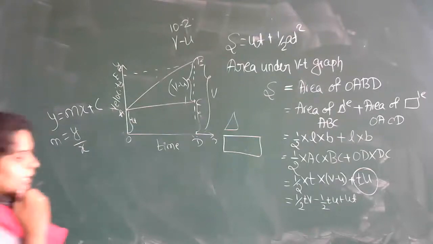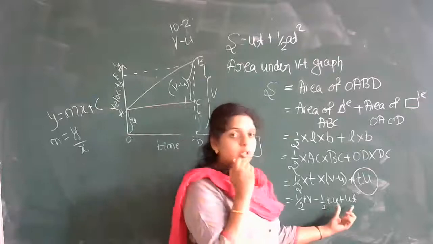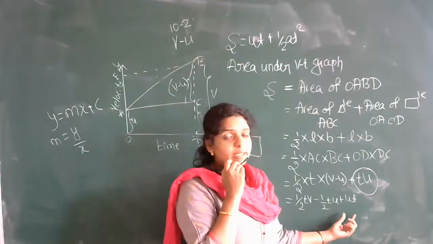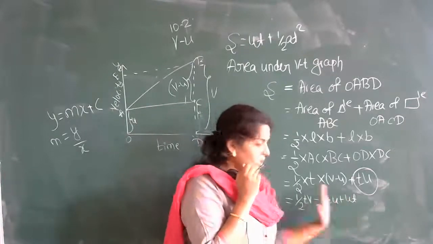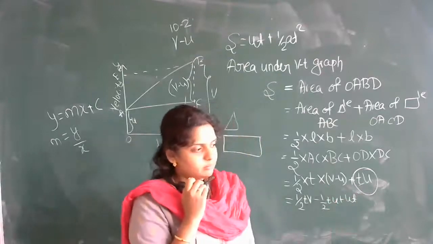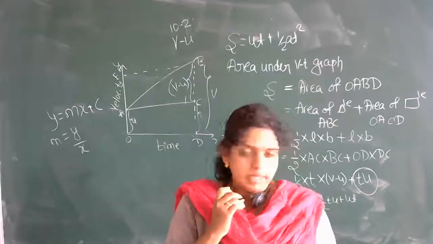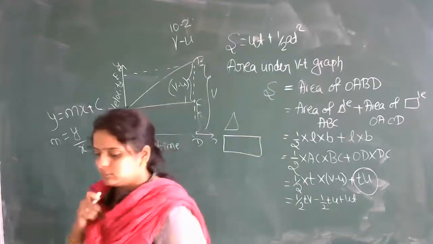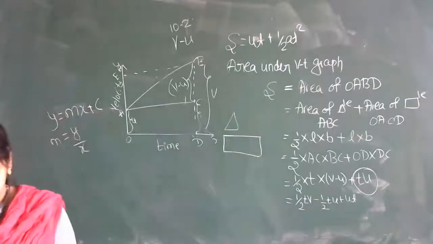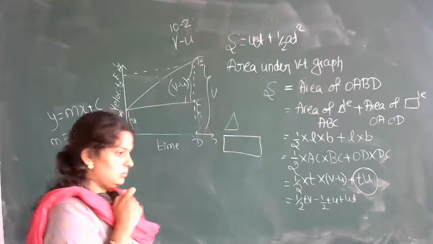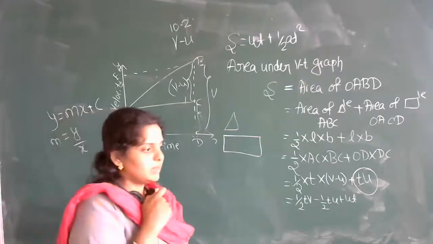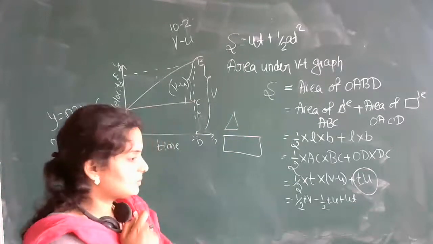Take out ut common. After taking ut common, simplify the second and third term. See what you get. Let's see who will get the answer.